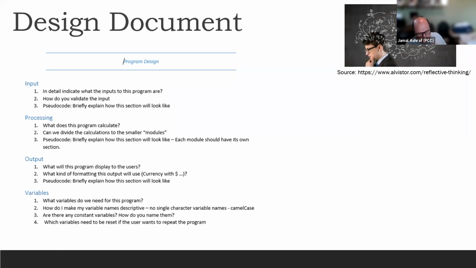If you're really doing a good, solid program in industry, you spend 60-70% of the time designing it and 30% of the time actually writing the code. You might not even write the code because it's much cheaper to send it overseas to write the code.